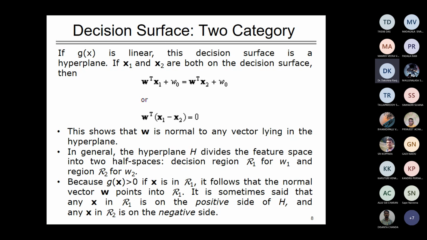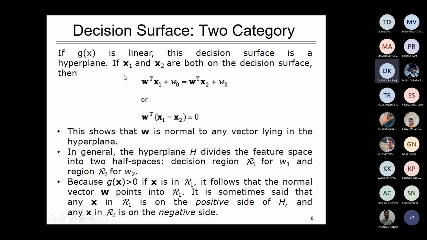Whenever we have two dimensional features, we get the decision boundary as a straight line. For three-dimensional features we get a plane, and for more than three-dimensional features we get a hyperplane. Now in this two category case, we say this decision surface is a hyperplane, so g(x) is denoted as a hyperplane.